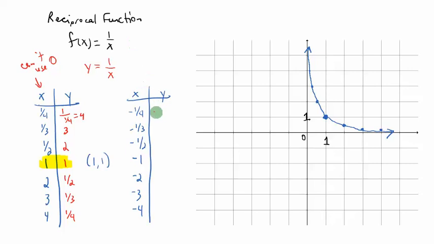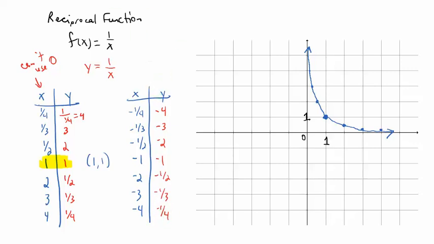And the y values will still be the reciprocals of these. 1 divided by negative 1/4 is negative 4. 1 divided by negative 1/3 is negative 3, and so on. 1 divided by negative 1 is negative 1. 1 divided by negative 2 is negative 1/2. And we can get the rest as well.